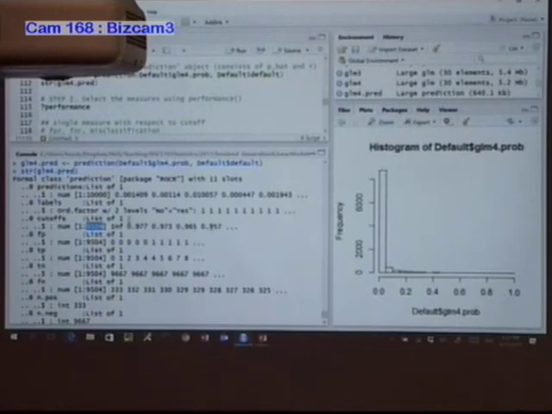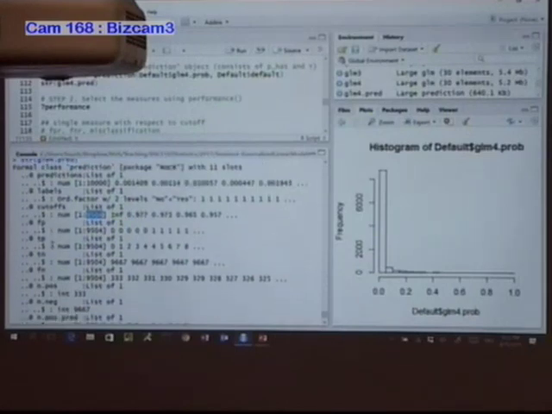Right? And based on each of these cutoffs, once you give me a cutoff, I can calculate the false positive, false negative. So it already did those things: false positive, true positive, true negative, false negative. Each of them is a long list of 9,504. I don't know why 9,500. I have no idea.